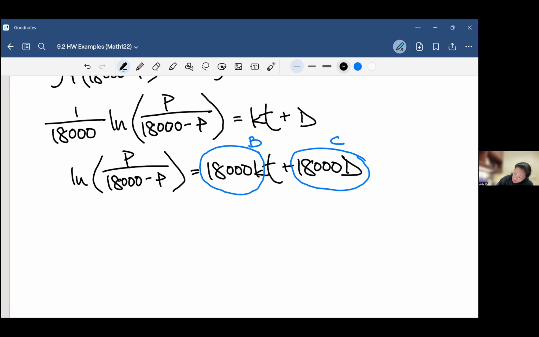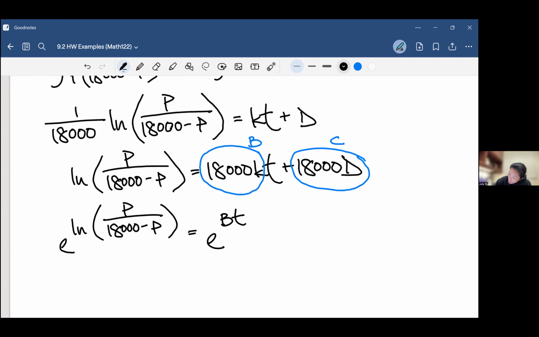This is going to now allow me to exponentiate both sides. So that's when I do e to the power of both sides. So I'm going to have e to the power of that natural log equals e to the bt plus c. All right.